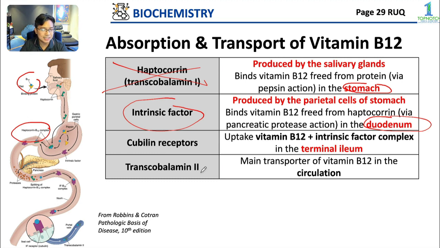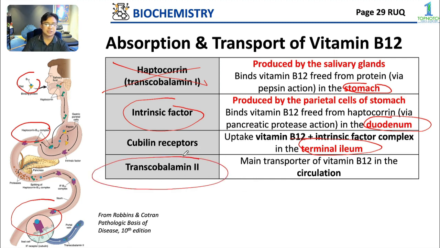Eventually, once this complex of intrinsic factor and cobalamin reaches the terminal ileum, meron diyang mga cubam receptors, allowing the uptake of B12-intrinsic factor complex at the terminal ileum. Eventually, B12 will then be absorbed by the body. And para ma-transfer si B12 sa ating katawan, in the circulation, kailangan mo ng transcobalamin 2 in the process.